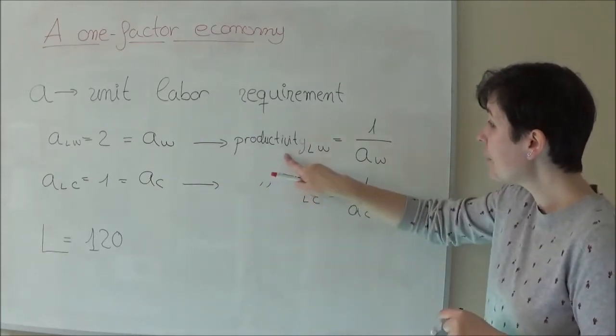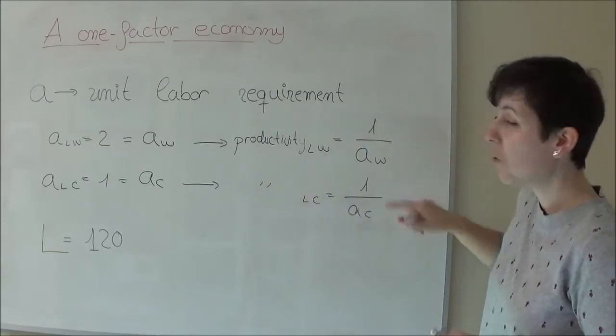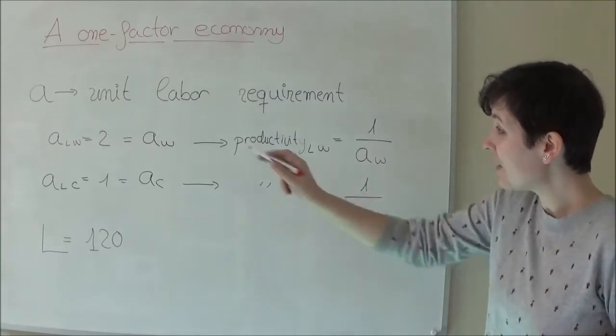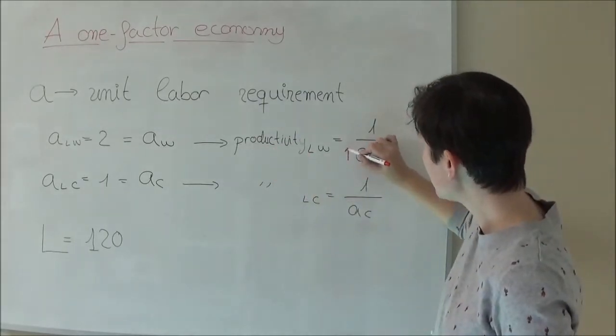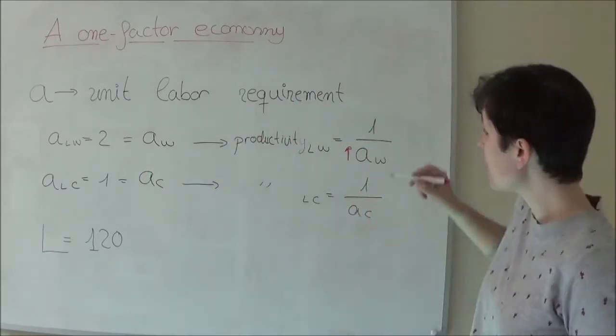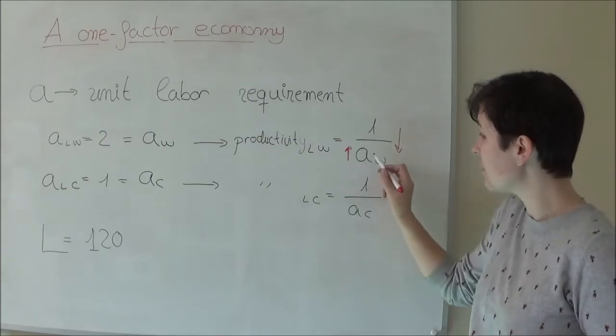So the productivity of labor in the case of the wine sector is 1 over the unit labor requirement in that sector. So the higher this value is, meaning you need more labor to produce 1 unit, the smaller the productivity of that labor.